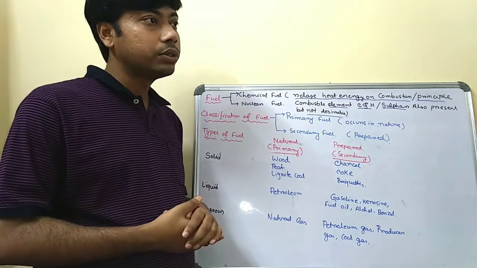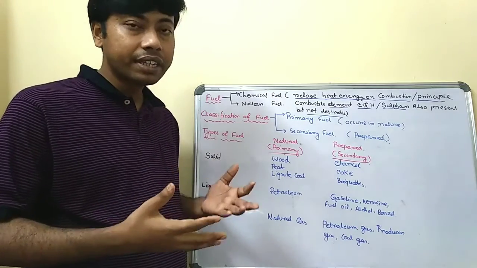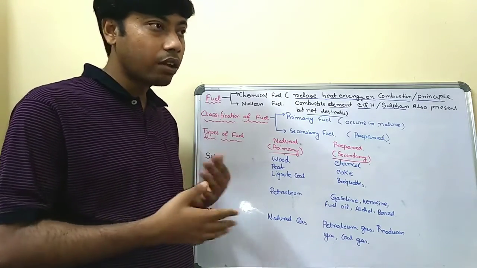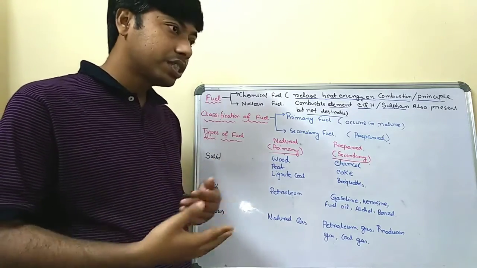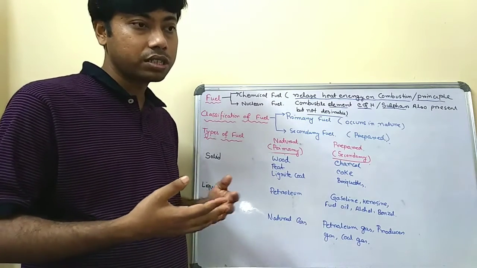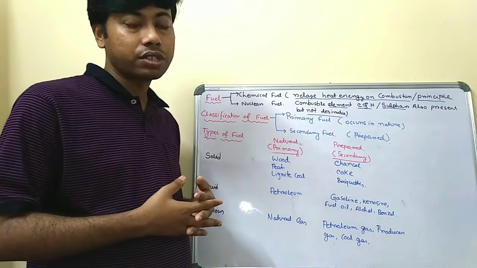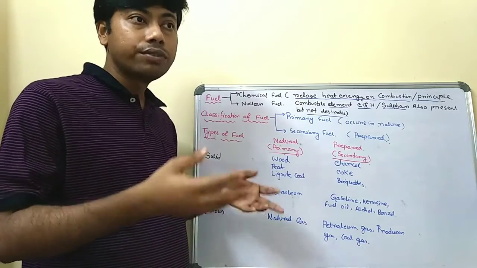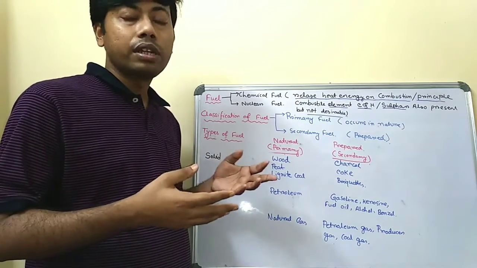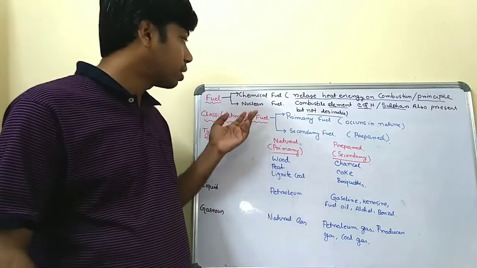Fuel can be divided into different categories depending on applications and construction features. Fuel may be of two types: chemical fuel and nuclear fuel.